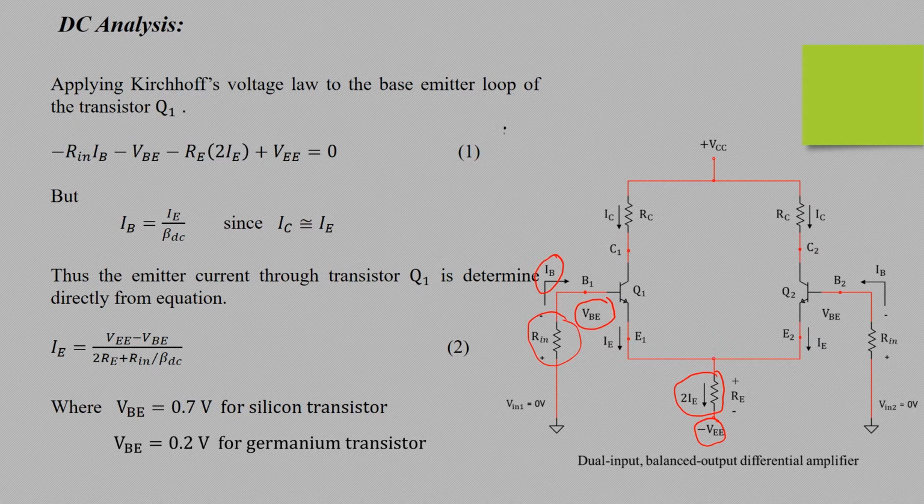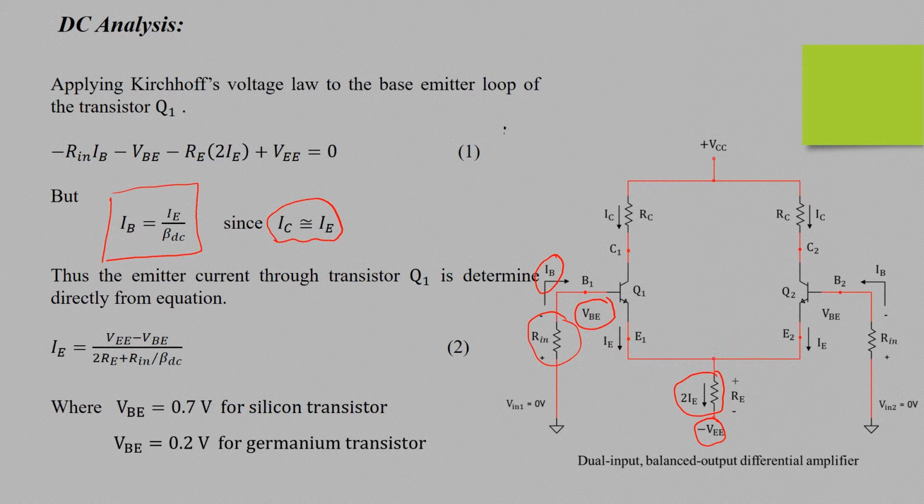By our previous knowledge of the transistors, we know that IB is equal to IE by beta DC, and we also know that IC is approximately equal to IE.